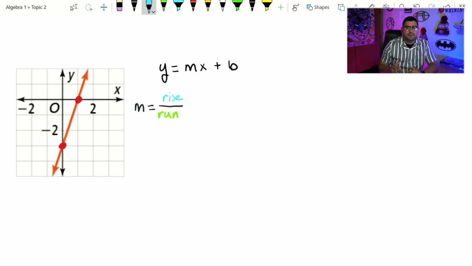Again, I chose them based on how they cross the grid lines. I want them to cross at a nice point that makes it easy to count the spaces between them. If I'm trying to find my rise, I go up 1, 2, 3 spaces. So I have a rise of 3.